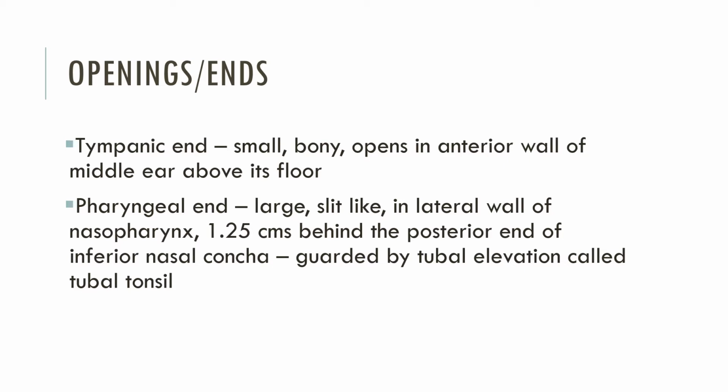Now, if this is the lateral wall of the nose and this is superior, middle and inferior nasal concha, this is the opening of the auditory tube here, and above it there is a small elevation that is called the tubal elevation, beneath which lies the tubal tonsil, and the distance is 1.25 centimeter behind the inferior nasal concha.